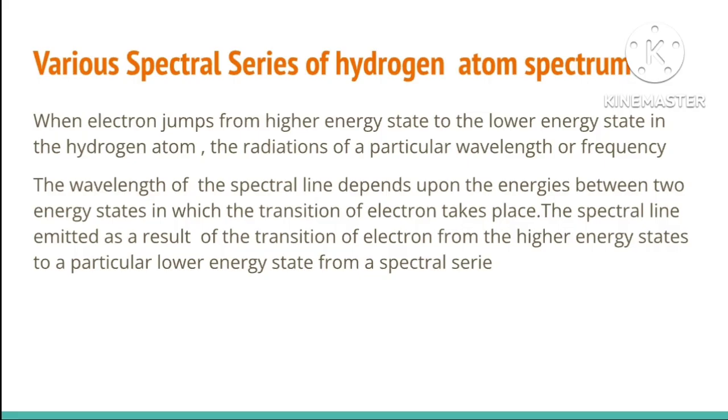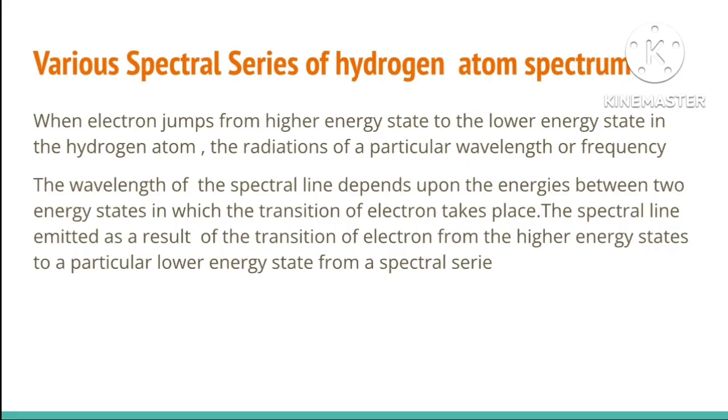When an electron jumps from a higher energy state to a lower energy state, or lower energy orbit, in the hydrogen atom, then radiation of a particular wavelength or frequency, which is known as a spectral line, is emitted. The wavelength of the spectral lines depends upon the energy difference between the two energy states in which the transition of the electron takes place.